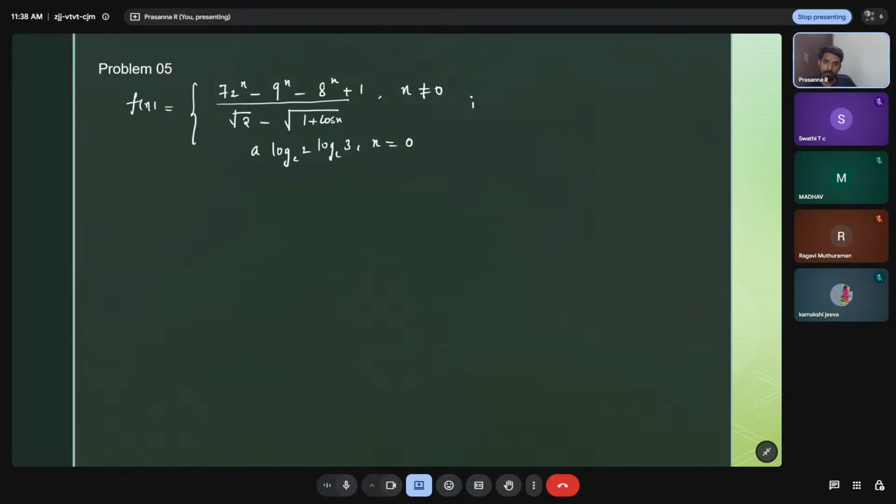It is continuous at x equal to 0, find a.